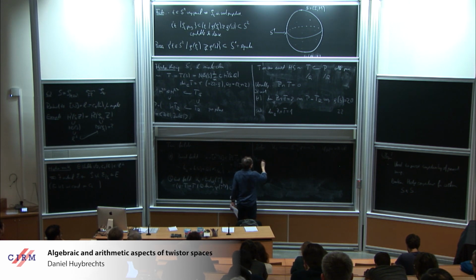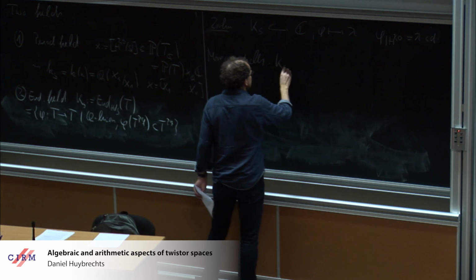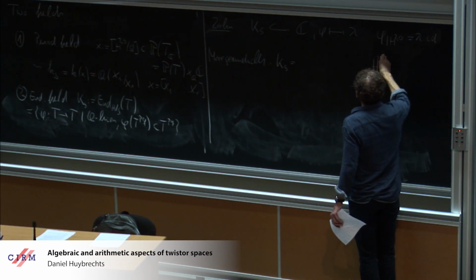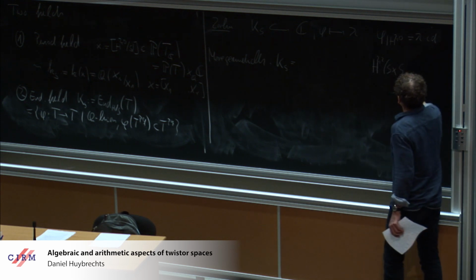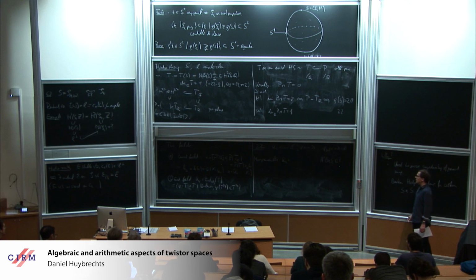So more geometrically, you can think of K_S as follows. You could look at the 2,2 part on the product of the K3 surface S with itself.